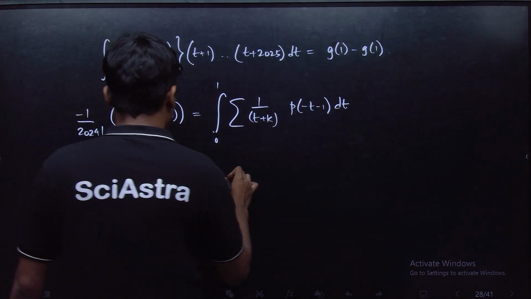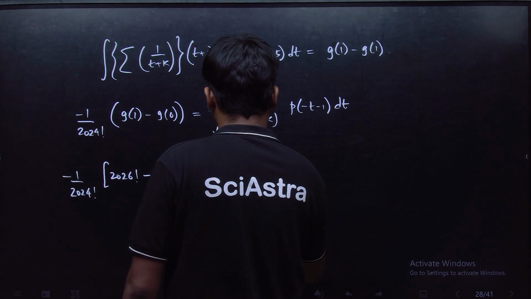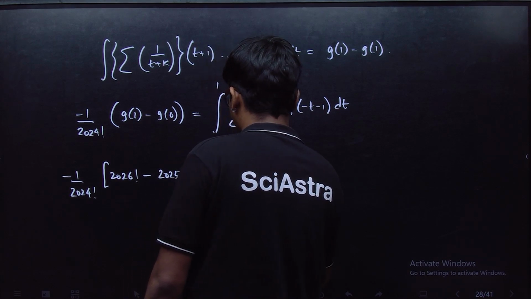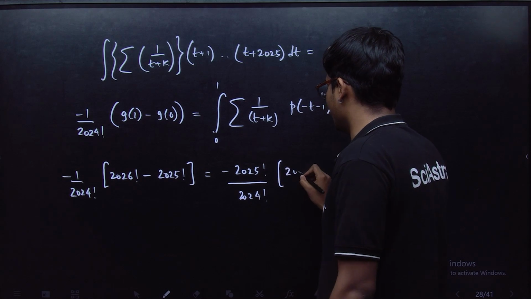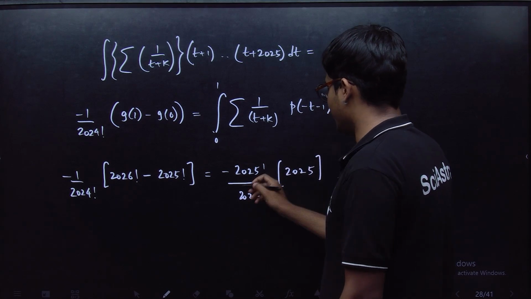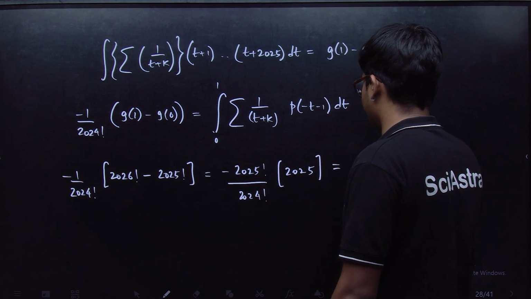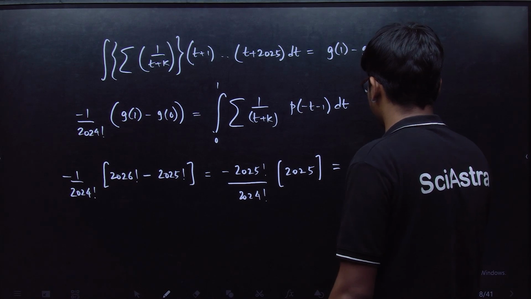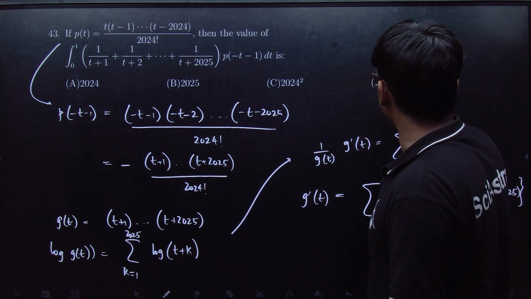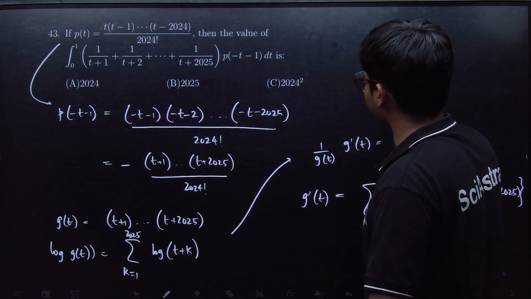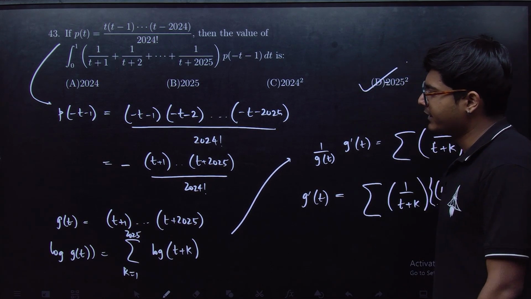So if you take 2025 factorial common from this, you'll get minus of this by 2024 factorial times 2026 minus 1, so that's 2025. And if you cancel out the 2024 factorial, you'll get minus of 2025 whole squared. Fine. So it should be 2025 squared, but there should be a minus which is missing here, so it should be option D, alright? Clear?